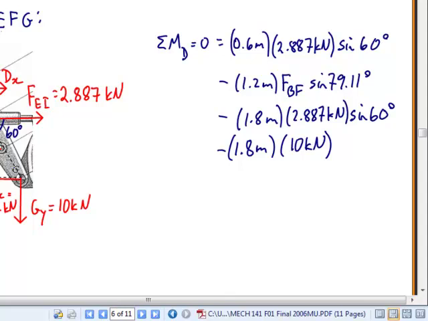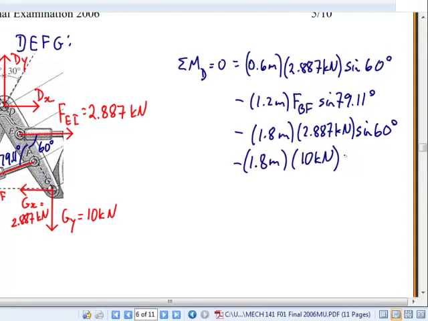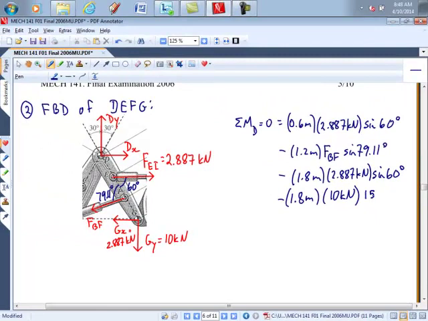Well, we go 60 plus 90 if you want, which would be 150. Sine 150 is the same as sine 30. But we can put in the 150 if you want. So there's only one unknown in there, so we should be able to solve that.